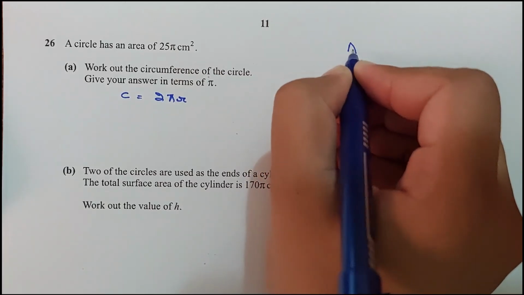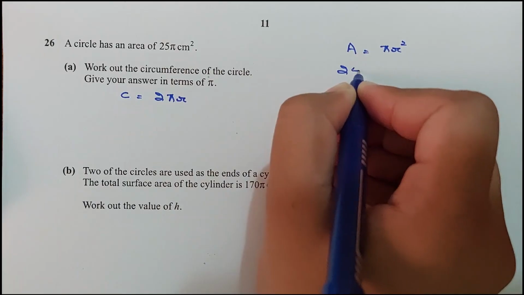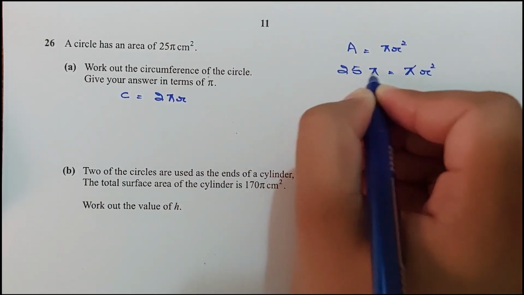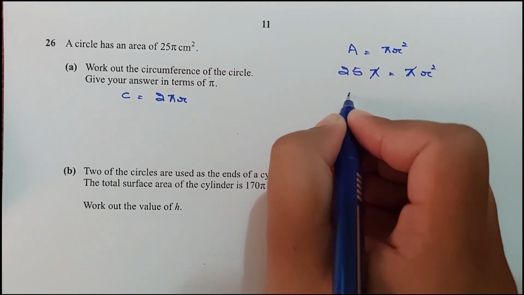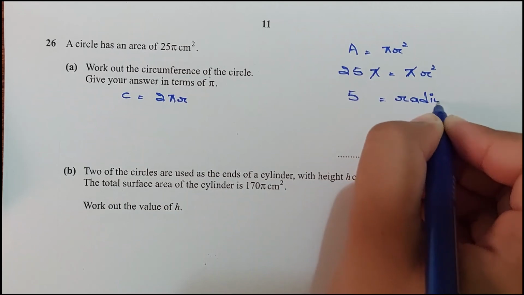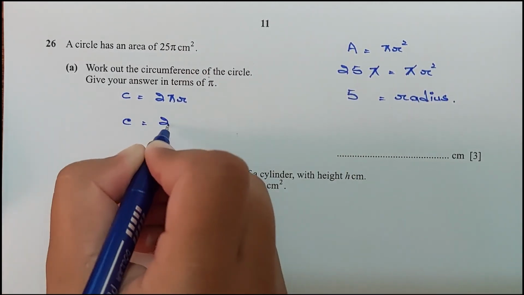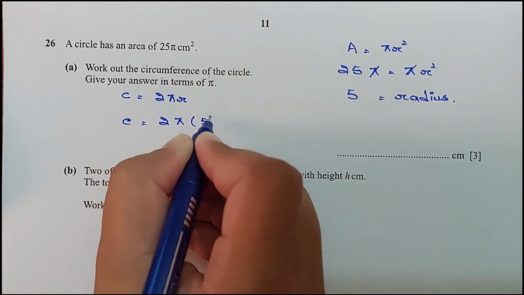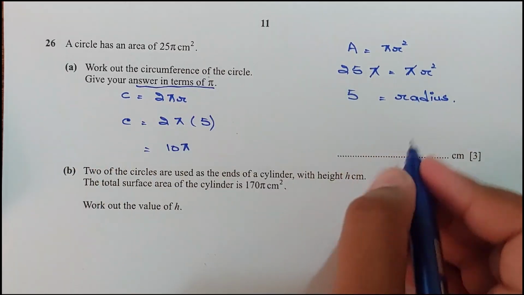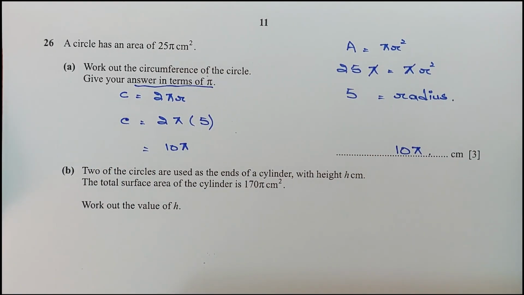The area of a circle is pi r squared. The area we have been given is 25 pi, which is equal to pi r squared. Pi cancels with pi, so the radius is 5. Right? So substitute over here. The circumference is 2 pi times 5, so 2 times 5 is 10 pi. In terms of pi, we have to give our answer. So 10 pi centimeters is the circumference of that circle, right?